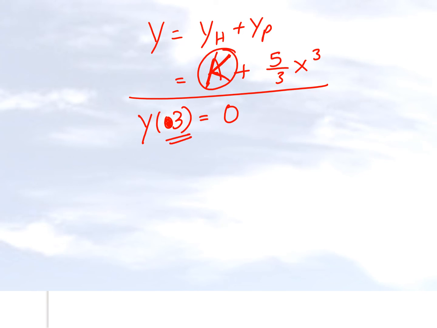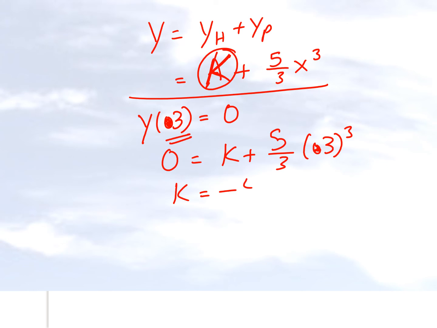Y at 3 is 0, so that means 0 is equal to k plus 5 by 3 times 3 cubed. And that gives me k is equal to minus 45. Once we have k equal to minus 45, we have the complete solution: y is equal to minus 45 plus 5 by 3 x cubed.